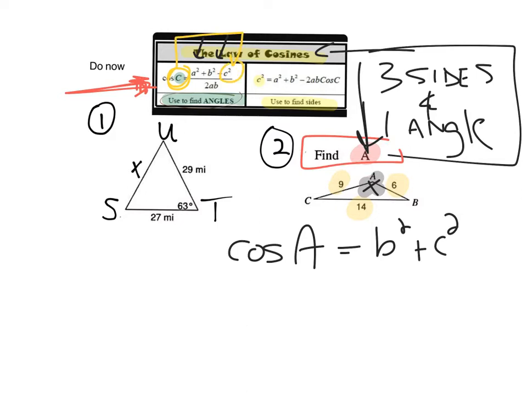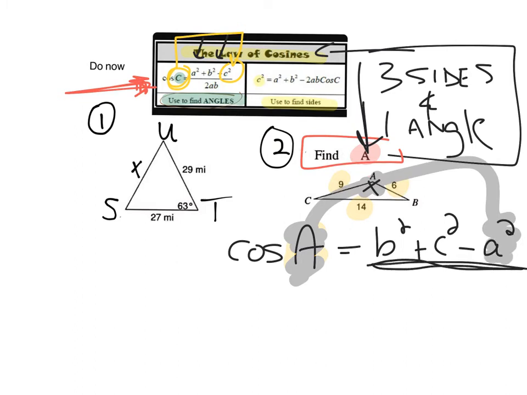So in this case, I'm going to have B squared plus C squared minus A squared, because here, since I'm finding angle A, I'm going to be using side A only once, and I'm going to divide that by 2 times the other two sides. So 2 times B times C. So this is the law of cosines now when I'm finding an angle.